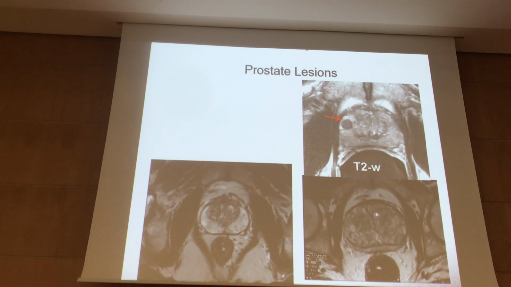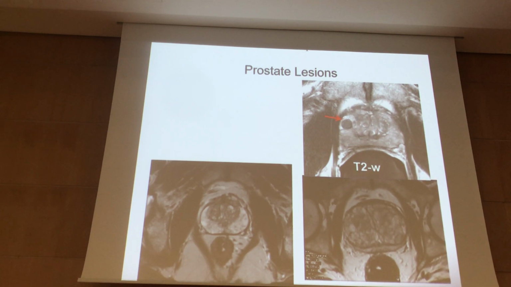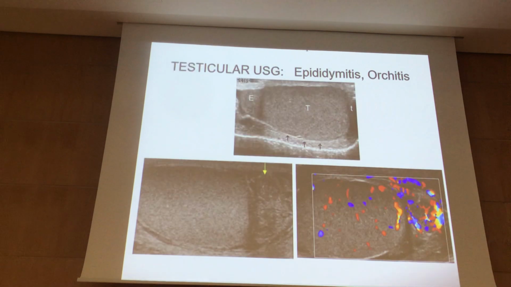If the transitional part has enlargement, this is known as BPH. So this example is of BPH. This one is a tumor in the peripheral part, so this is prostate cancer, whereas this one is BPH. The enlargement is just because of hypertrophy of the transitional zone.